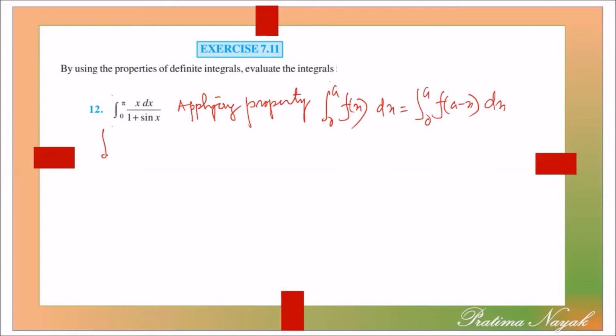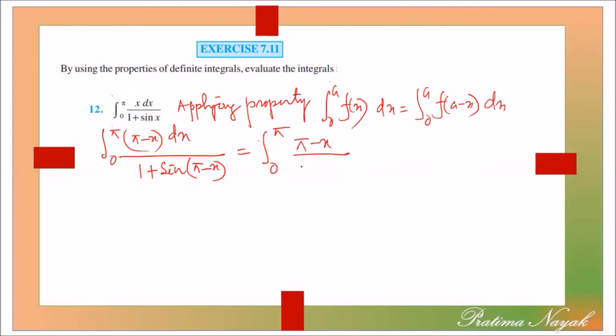So this will be the integral from 0 to pi of pi minus x by 1 plus sine of pi minus x. Sine pi minus x is the same as sine x. So this will be the integral from 0 to pi of pi minus x by 1 plus sine x. So immediately we'll add these two. This is I, this is also I.